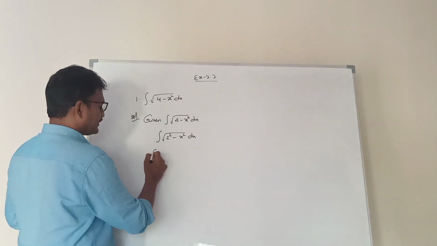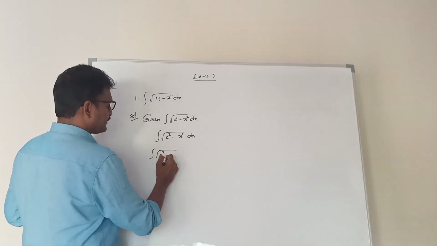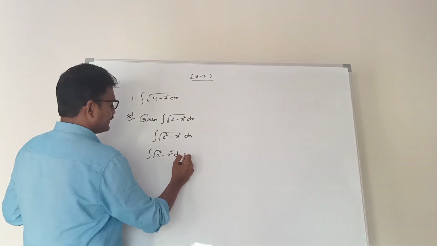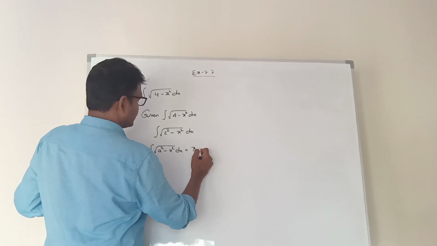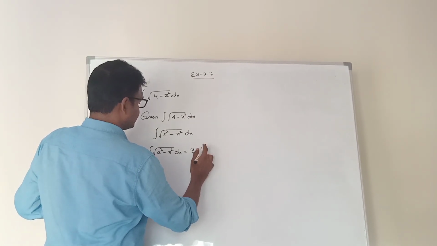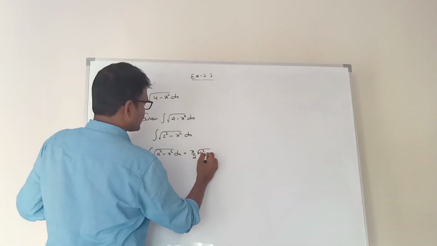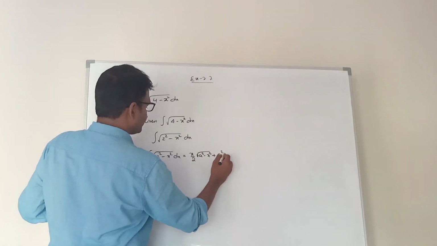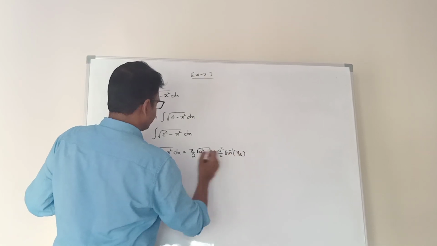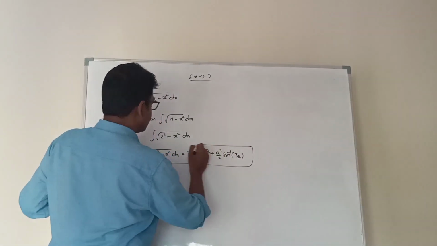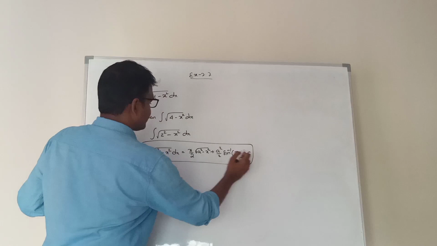So this is in the form of integration of root of a square minus x square dx. The formula for this is x by 2 into root of a square minus x square plus a square by 2 into sin inverse of x by a plus constant. So apply the same formula.